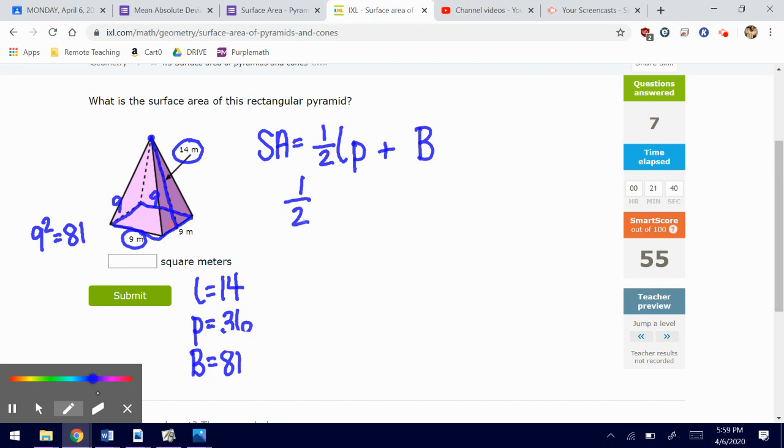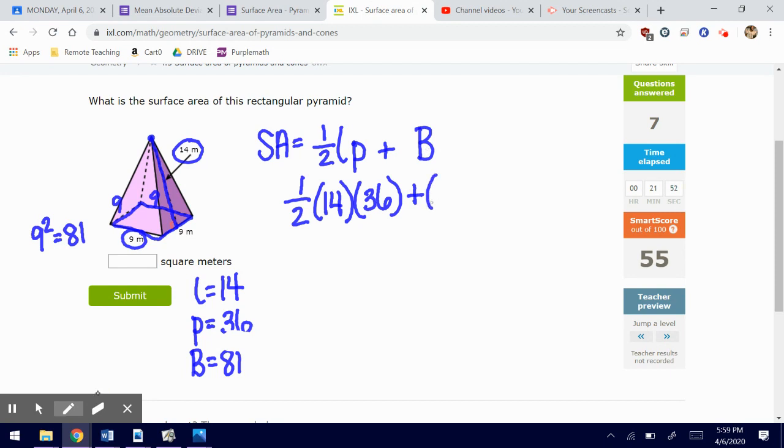Bring down the 1/2. Bring down the L, which is 14, so I'm going to substitute in a 14. My P is 36. Bring down the plus, and my capital B is an 81. So I'm going to type this first part into the calculator. Instead of 1/2, I'm going to type 0.5.